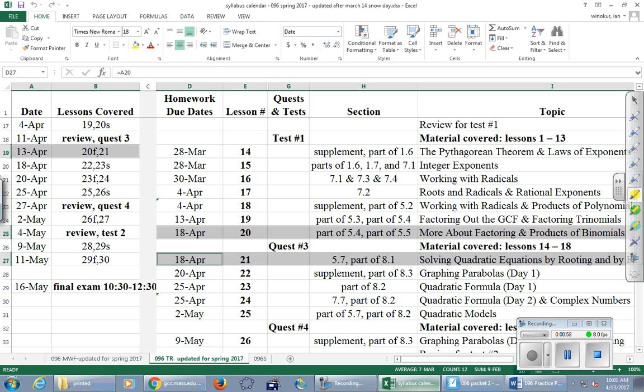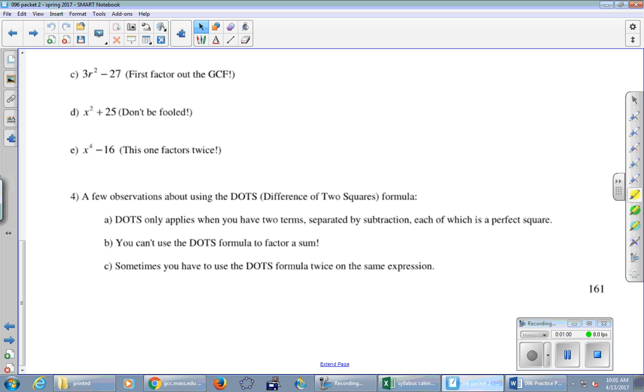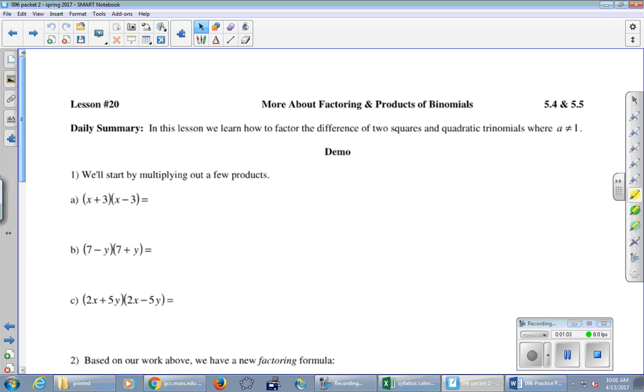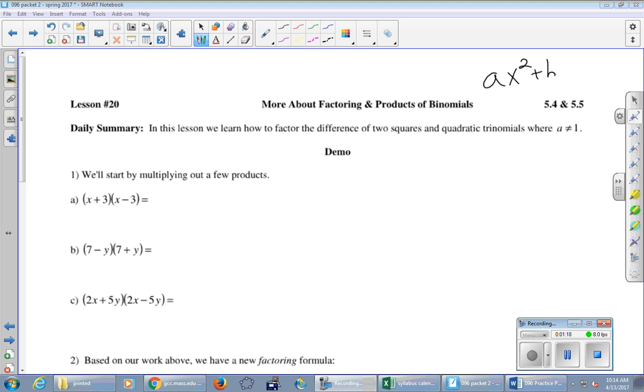Okay, so here we are on 161. All right, so our daily summary. In this lesson, we learned how to factor the difference of two squares and quadratic trinomials where a is not equal to 1. Actually, I don't even know that we've seen it at this point.